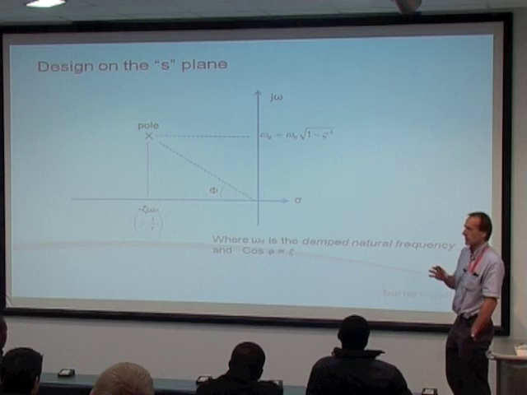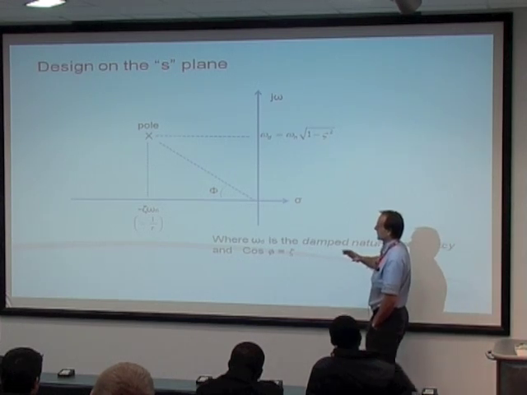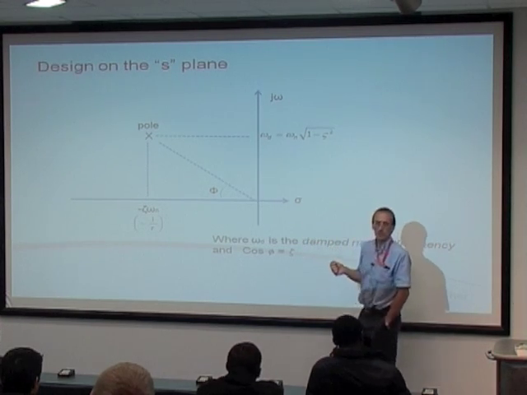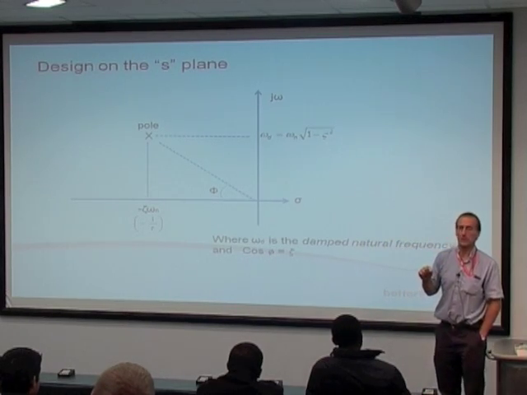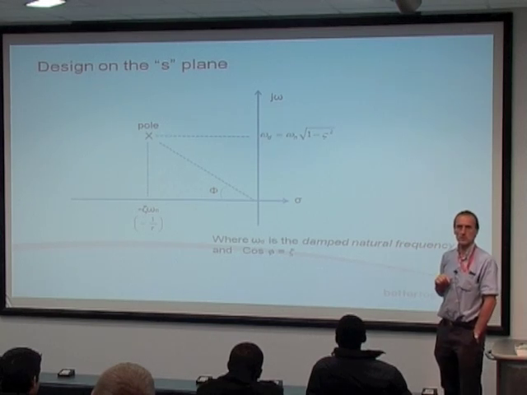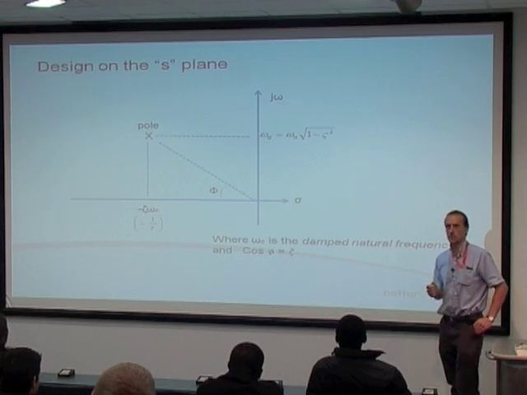Does that make sense? Well, let's have a look at a few things. If I decrease the damping, in other words, I make zeta smaller, what's going to happen to my pole position? Which sort of direction do you think it's going to move?